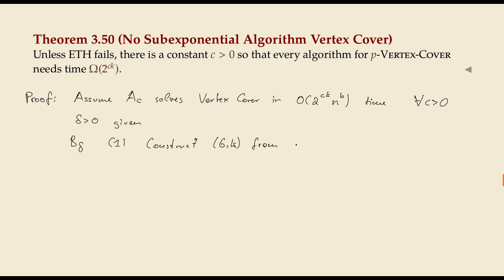So we construct from a given formula the graph and the threshold as sketched before. And this is actually an ordinary polytime reduction. And for the resulting graph, we use our algorithm for vertex cover, where we now set delta to the b. And this b is a constant that comes from the reduction.